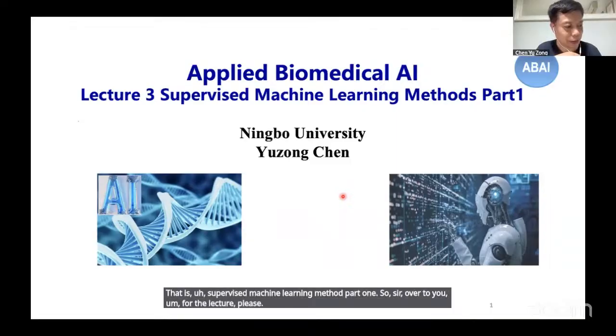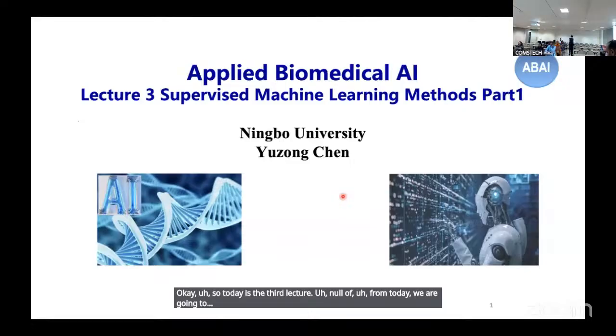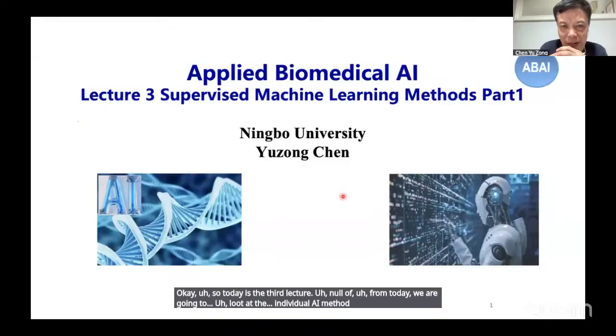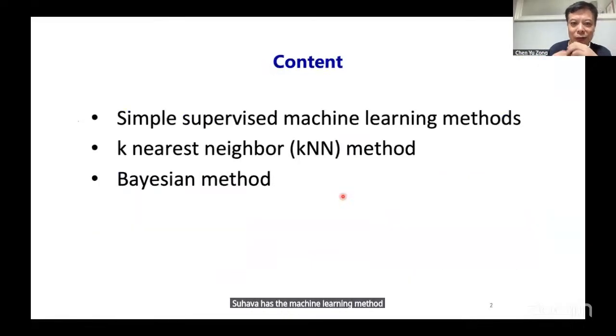Okay. So today is the third lecture. Now, from today, we are going to look at individual AI methods, beginning with the simpler ones, particularly supervised machine learning methods. Today, we are going to focus on 3 sets of methods.